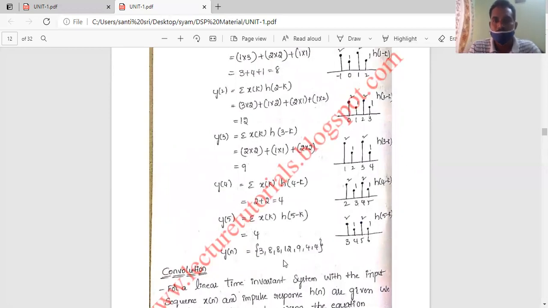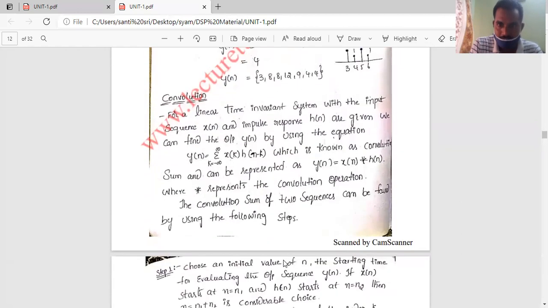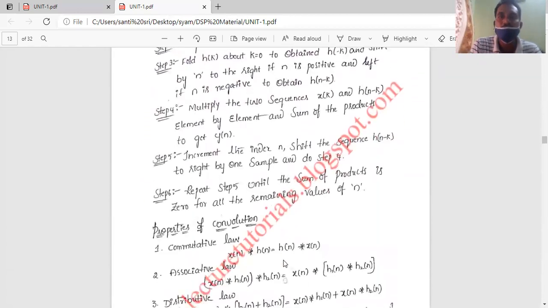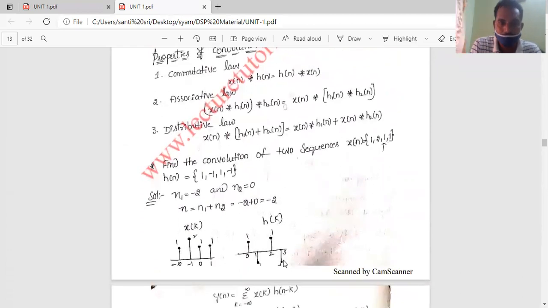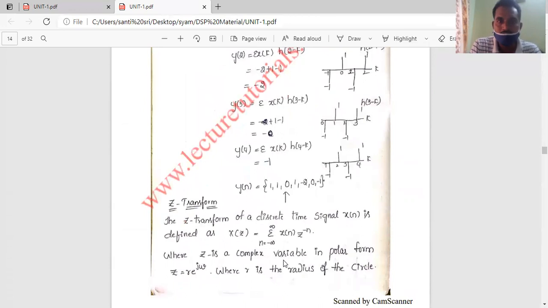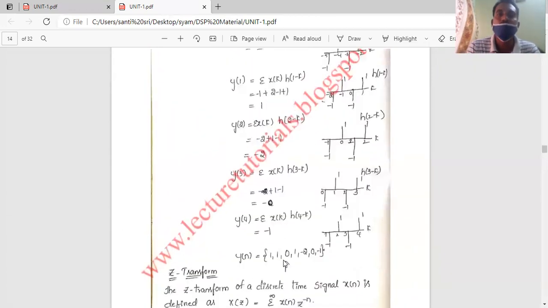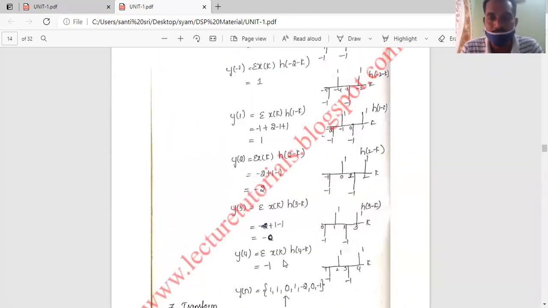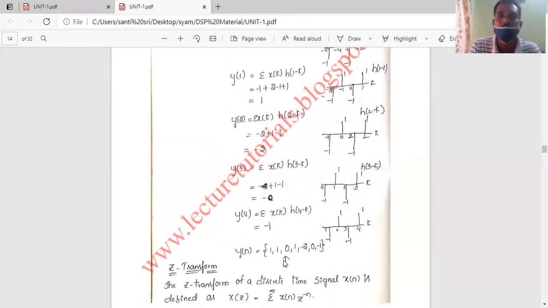So wherever you get a 0 value, we'll put the arrow there. Okay, so practice it. You may get a little bit of confusion, so practice 1 to 2 times so that it becomes clear for you. Okay, so this is the convolution problem.